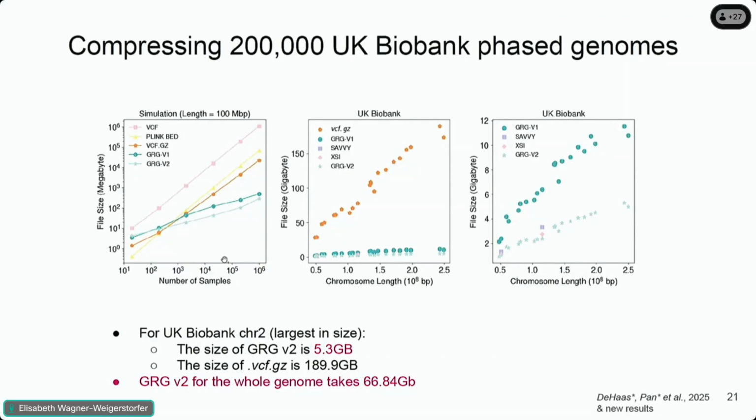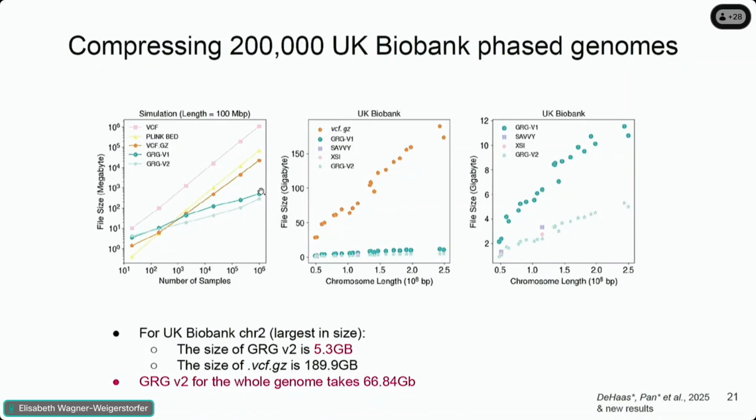Let's look at this lowest line. That is the GRG version 2. And the highest line is the VCF. In between them, there's the compressed VCF, vcf.gzip, and we also have the Plink format that's quite commonly used in statistical genetics.